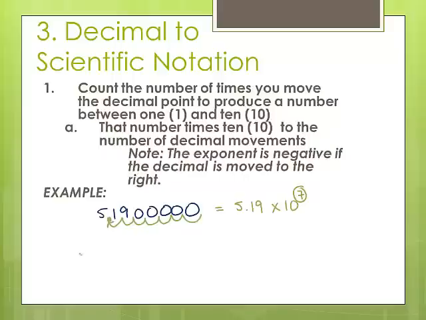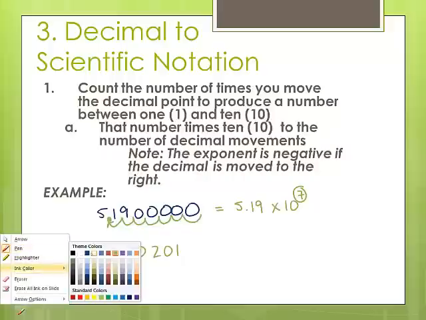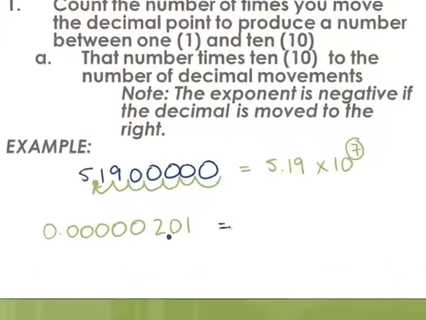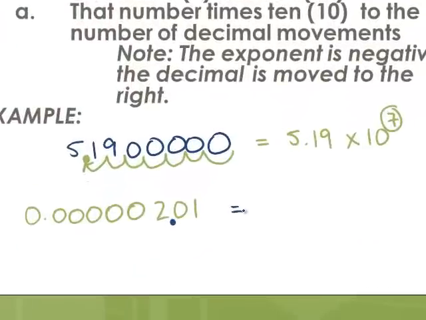On the flip side, if we had a value that was very, very small to start with, and I wanted to write that in scientific notation, again I need to write it so that I've got a value between 1 and 10. So I'm going to move the decimal place from here to between the 2 and the 0, producing a value of 2.01, again between 1 and 10.